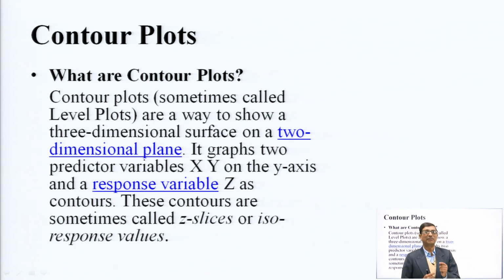So, this is the difference between a surface plot and a contour plot, and the response variable z is shown as a contour. These contours are sometimes called z slices or iso-response values.